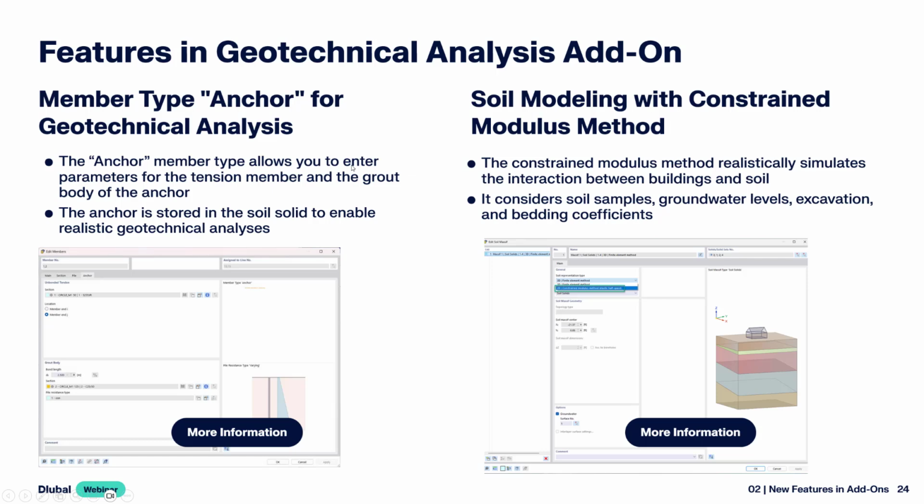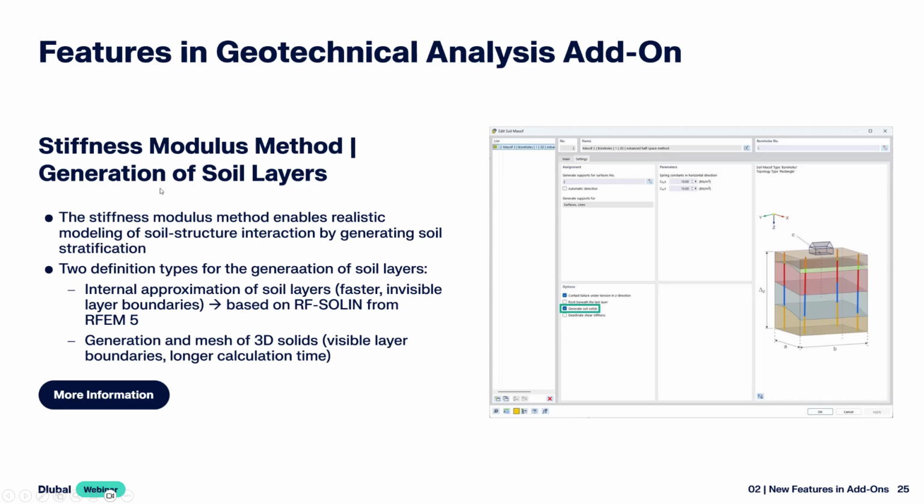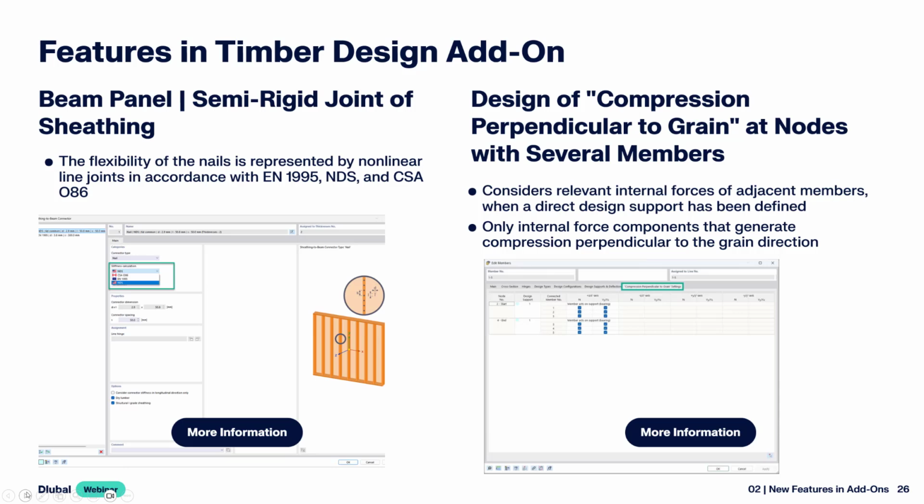Then the features in the geotechnical analysis add-on. The member type anchor is available. Then the constraint modulus method is also available now. And new is the generation of soil layers. Okay. Then the timber design add-on, the beam panel, semi-rigid joint of sheeting for the different standards.